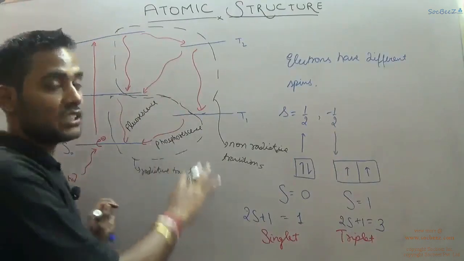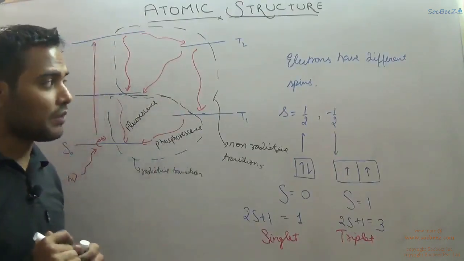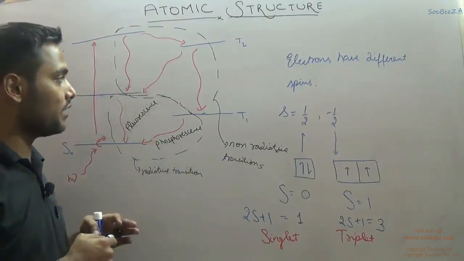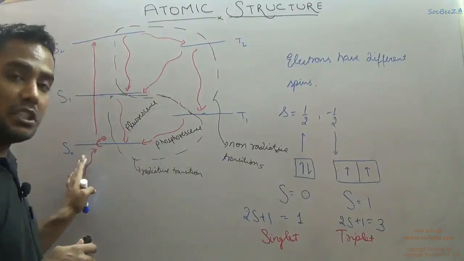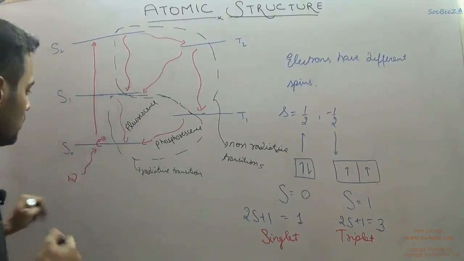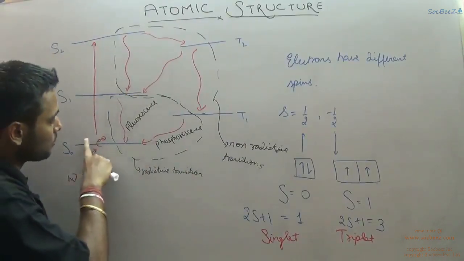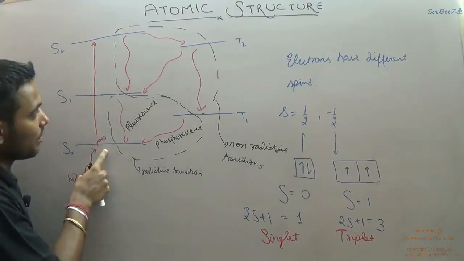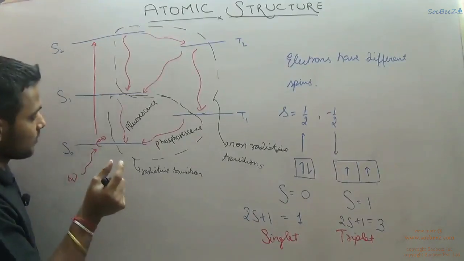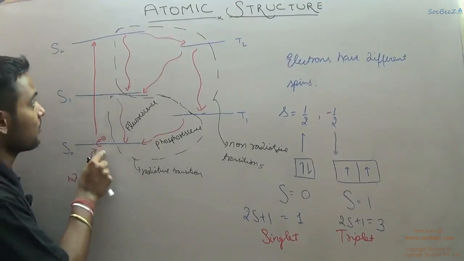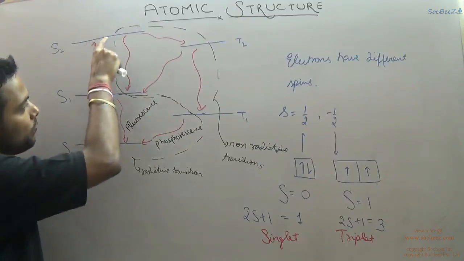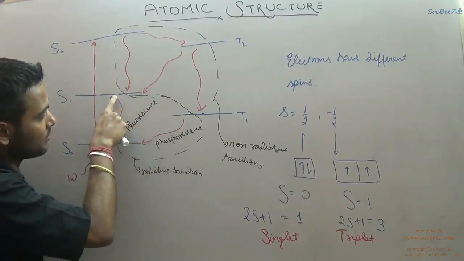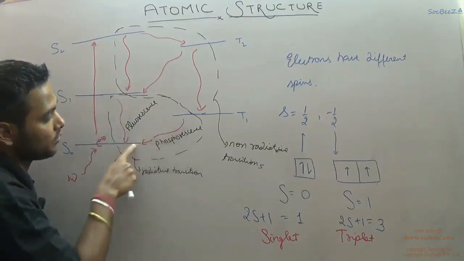Now the purpose of discussing all this is to make you familiar in a more comprehensive manner with emission and absorption. In this process here, absorption of radiation is taking place. A particular wavelength is absorbed by this electron and it has moved to the S2 level. Now here the emission is taking place, from this point to this point or from this point to this point.